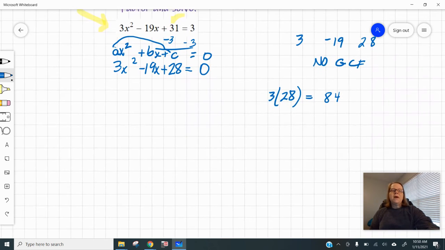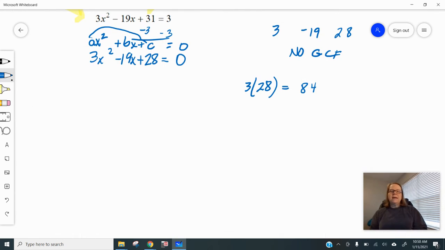When I say factors, I mean things that will multiply to give me 84. Now, if you're on a multi-view calculator, which I highly recommend, the TI-30XS MultiView, you can hit the table button.